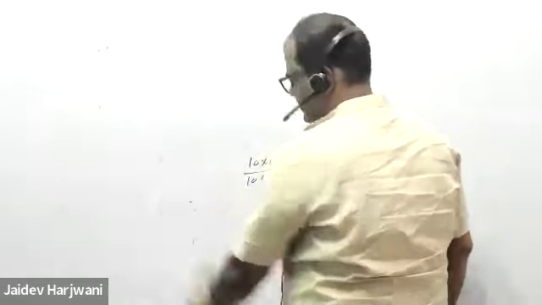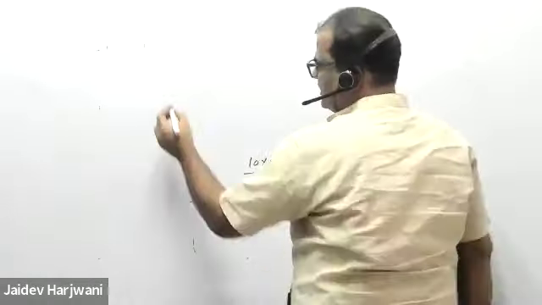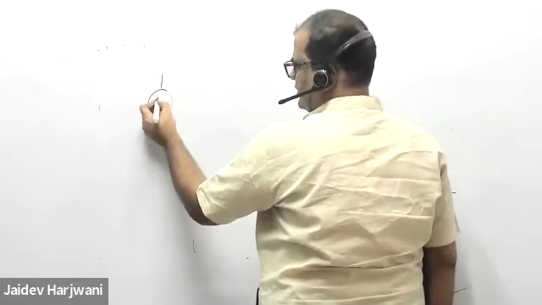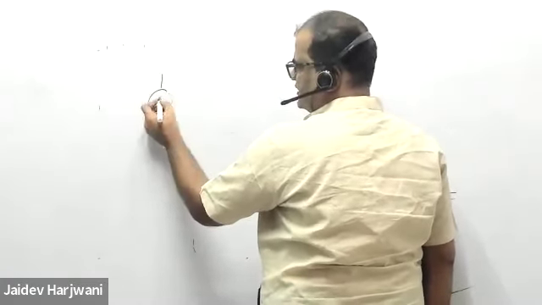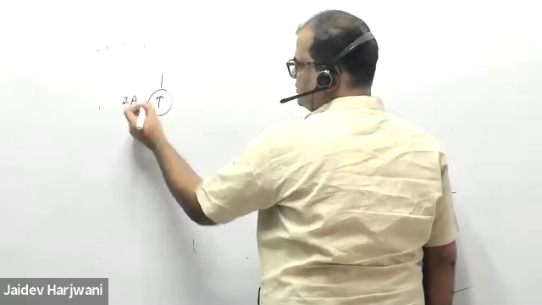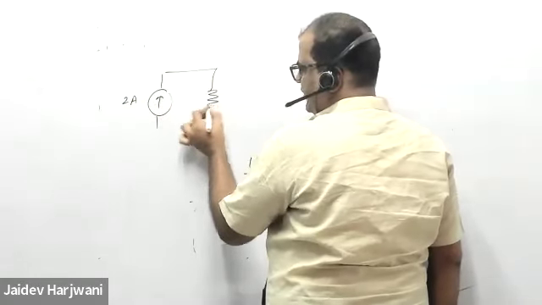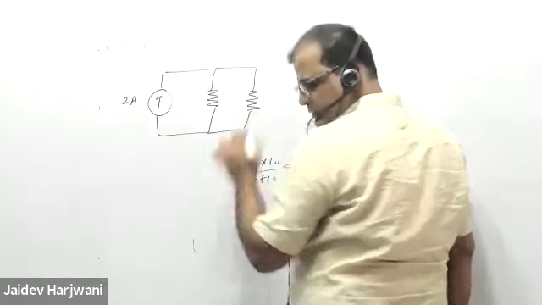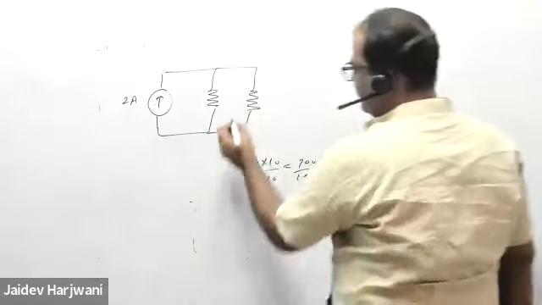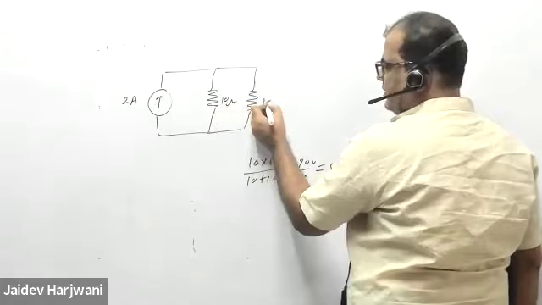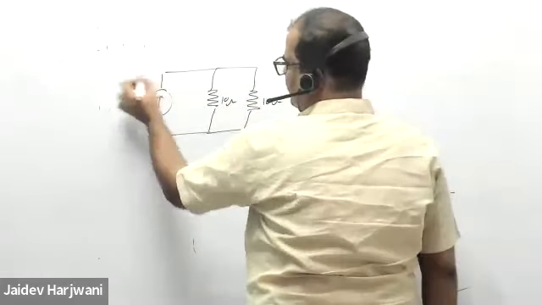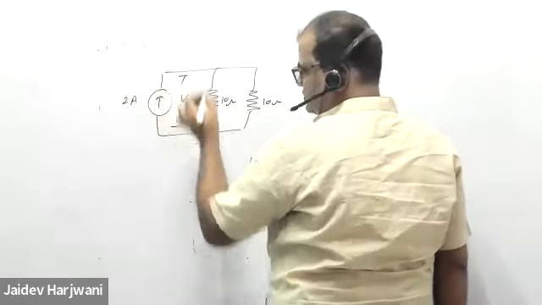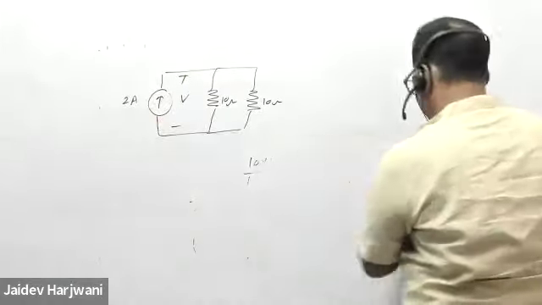Say I have a current source of 2 ampere, and I am putting resistors across it: 10 ohm, 10 ohm, 10 ohm, 10 ohm. I want to find the voltage across the current source.